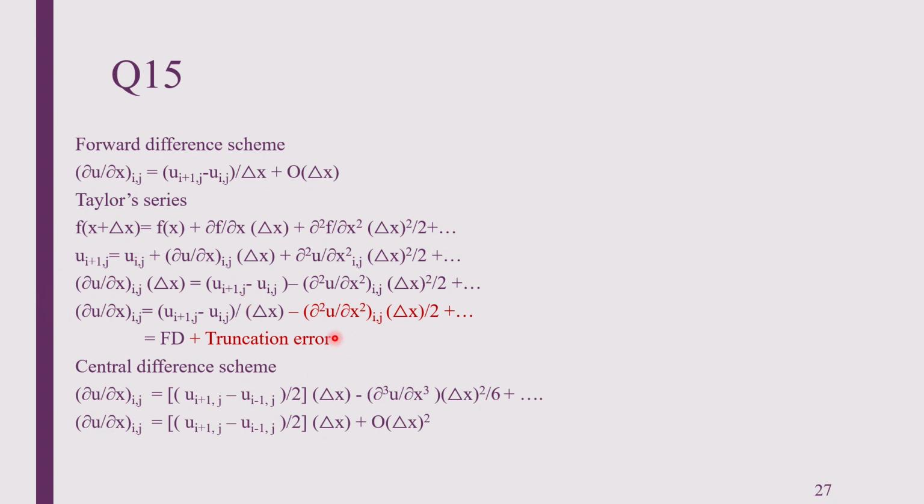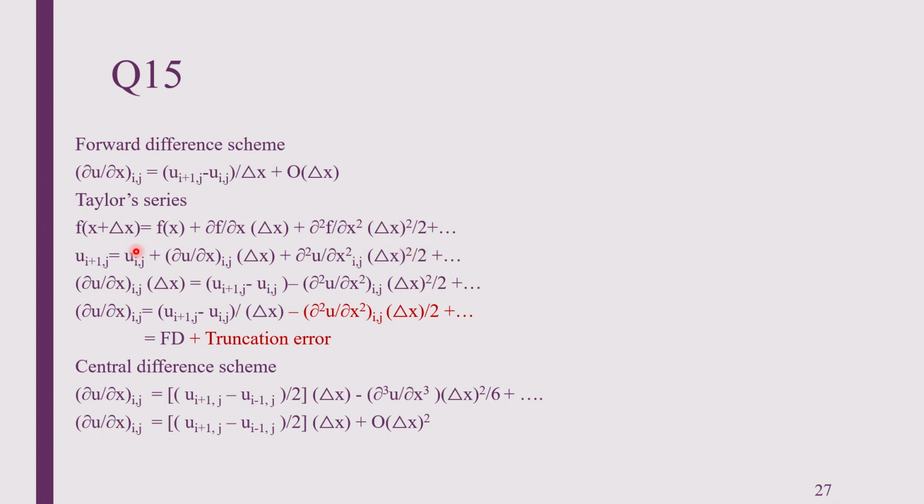Initially we have seen the forward difference scheme for the first order partial derivative ∂u/∂x. For that we generally write it as u(i+1, j) minus u(i, j) divided by delta x plus order of delta x. So how have we obtained that? If we go backwards, we use the Taylor series to get u(i+1, j) equal to u(i, j) plus ∂u/∂x at (i, j) into delta x plus ∂²u/∂x² into delta x squared by 2 and so on.